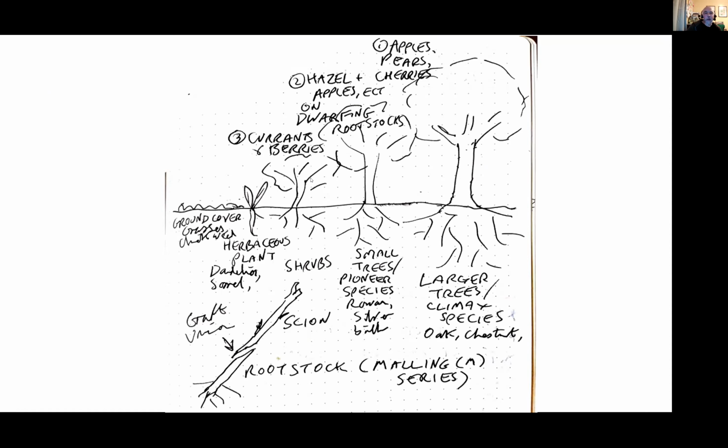And then we've got our herbaceous layer, where we'd be substituting things like dock with edible perennials: comfrey, which, well, that's not so edible actually, but that's part of maintaining the fertility cycle. So comfrey you might have in there, sorrel, which is edible, all manner of other edible herbaceous plants.